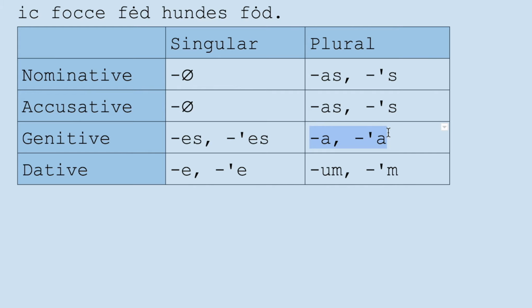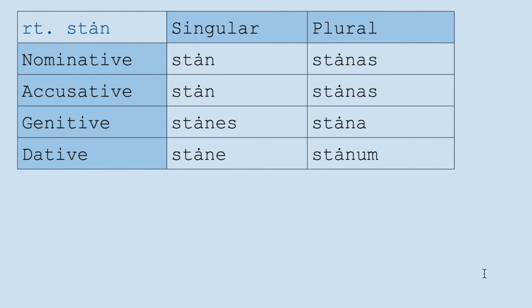It's a long ah sound, no matter what the ending is. The dative ending for singular is just a sound that you hear a lot at the end of words in Ạnglic. And again, I'll get to the vowel version of that later. And these are pretty stock. They don't change much. So let's move on to actually plug in some words into here.